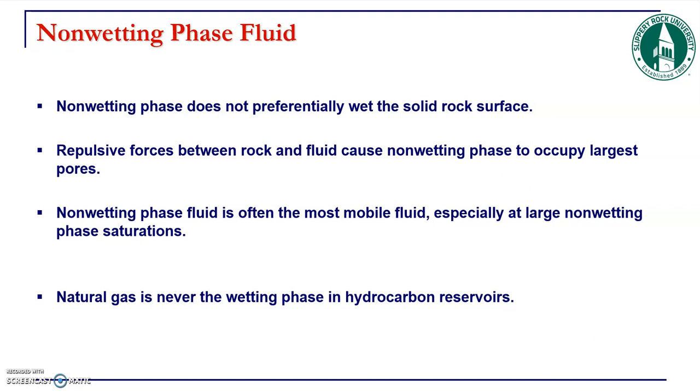In reservoirs we basically have oil and water. Sometimes we do have gas as well. Because the attraction forces between the molecules of the gas are so small, gas is not really a wetting phase, so you consider natural gas to be a non-wetting phase always.